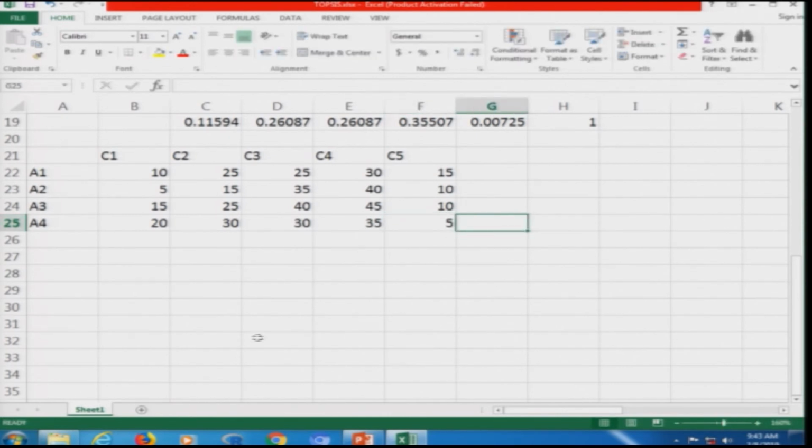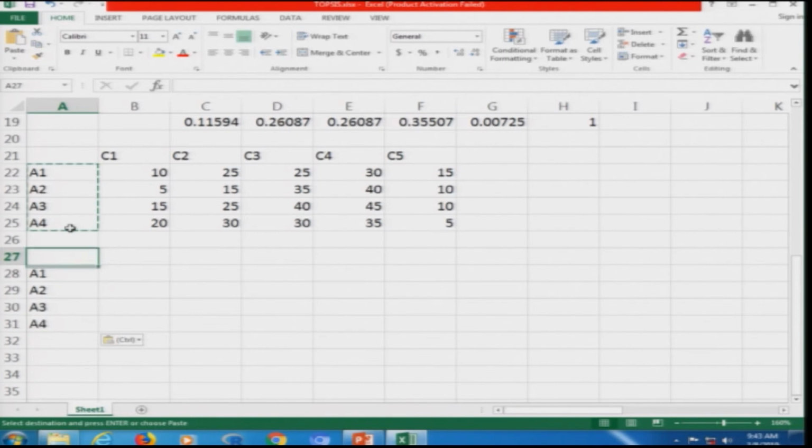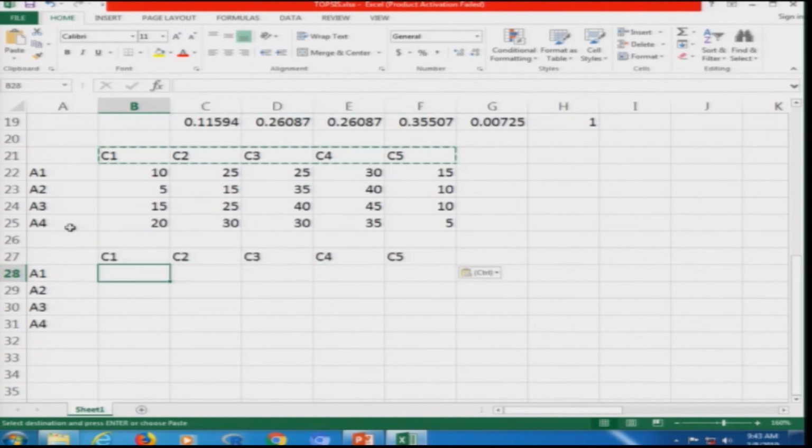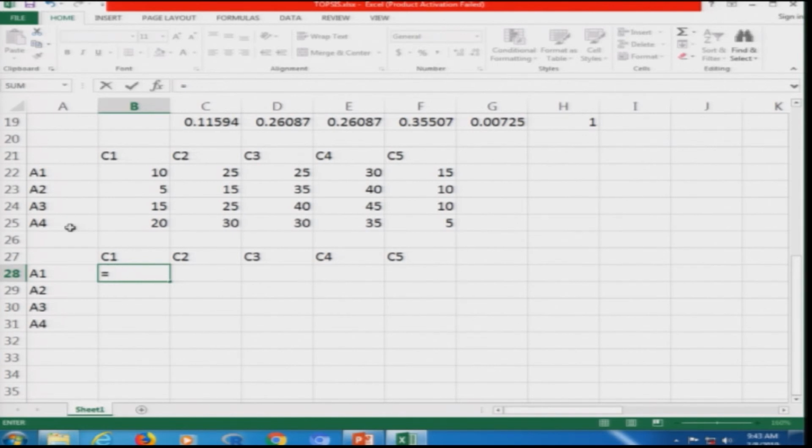Now, I will calculate different values. I will write the weights later on. I will do the simple normalization first, which is the sum.